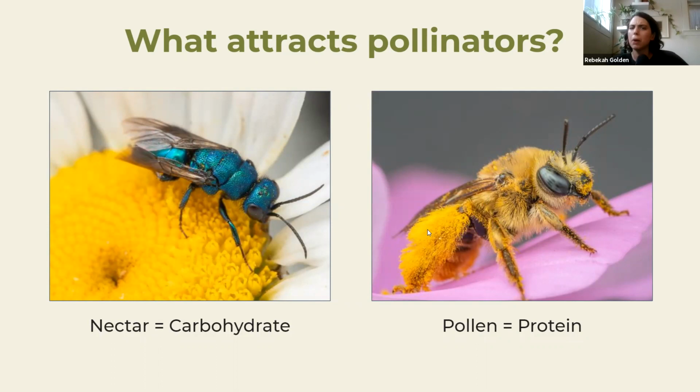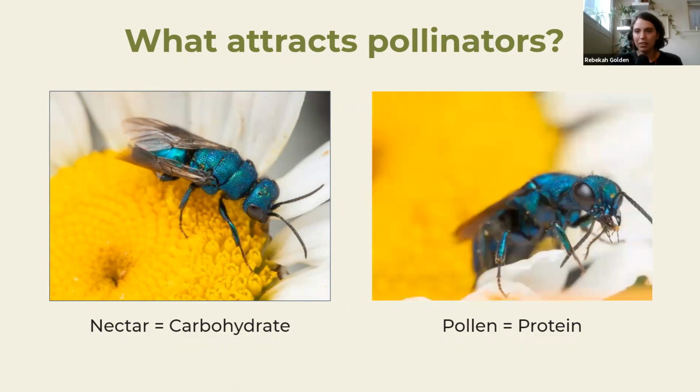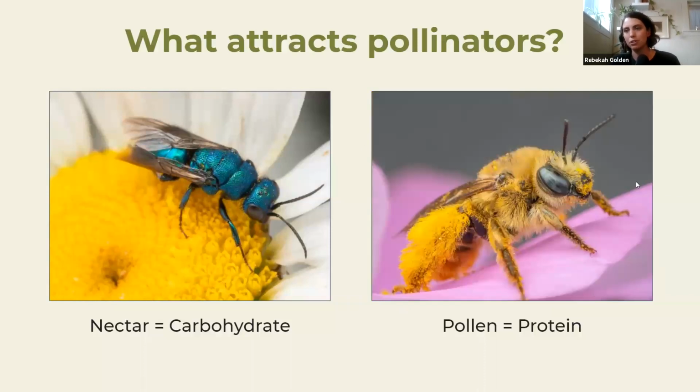Generally, they're a lot messier insect visitors than other species. This wasp may also be moving some pollen around as it goes from flower to flower, but you can tell there's quite a difference between the amount of pollen this wasp is carrying, just as a byproduct of gathering nectar, as compared to this bee that is completely covered in what looks almost like Cheeto dust.